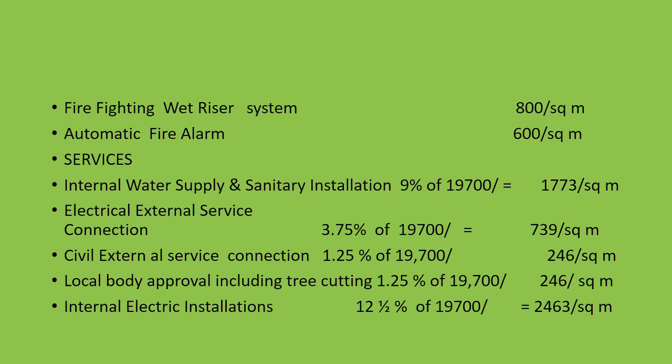This is because of the special superior specification provided in the CPWD. But if the flat in question for which you are going to make the valuation has an inferior specification, you can reduce the 12.5%, also the 9% for the water supply arrangements.